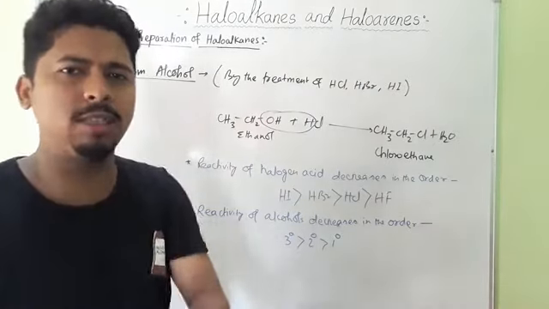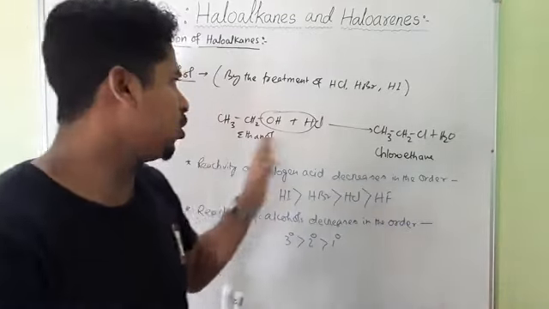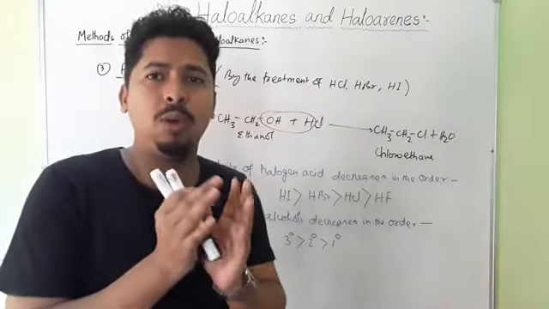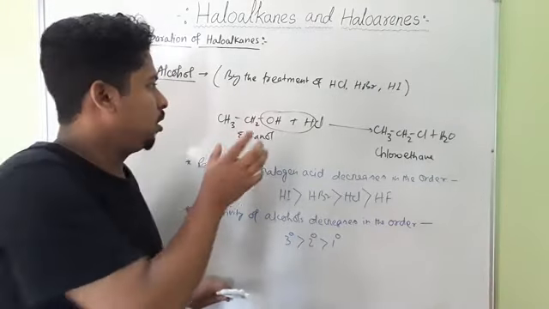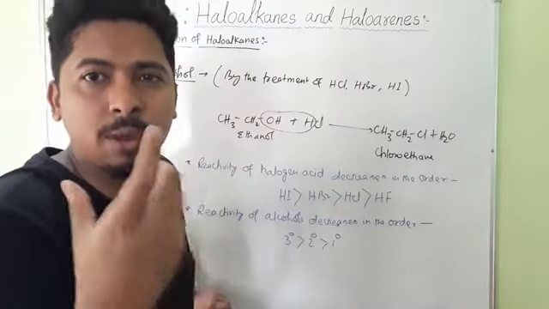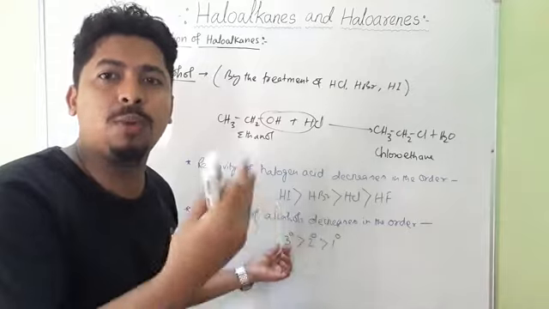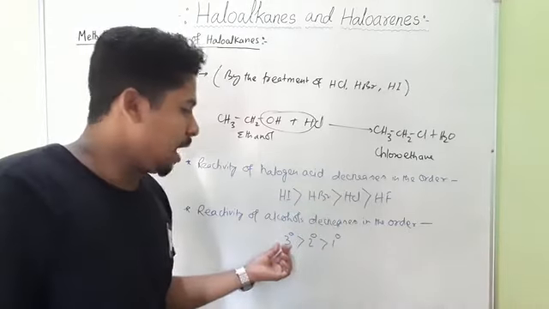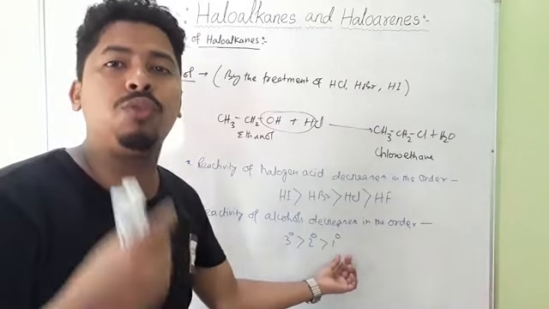Now the question comes up, why is the reactivity of 3 degree alcohol more? In this mechanism, we have seen that the first step involves the formation of carbocation. If it is a 3 degree alcohol, it forms a 3 degree carbocation. If it is a 2 degree alcohol, it will form a 2 degree carbocation, and if it is a 1 degree alcohol, it will form a 1 degree carbocation.